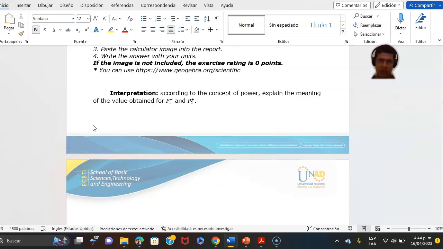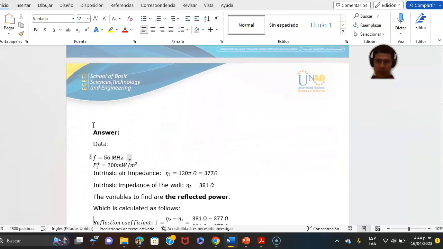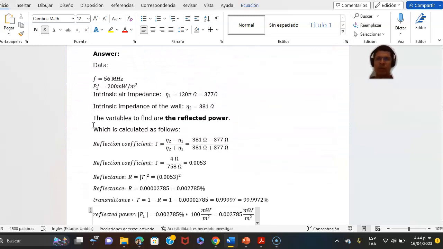Interpretation: according to the concept of power, explain the meaning of the values obtained for P1 minus and P plus 2. Answers. Frequency 56 MHz. Power transmitted 200 milliwatts per square meter.